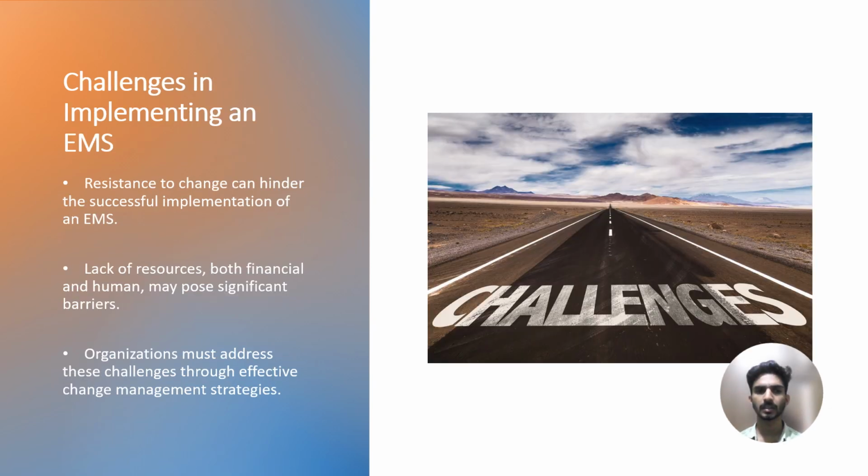So what are the challenges in implementing EMS? Resistance to change hinders successful implementation of EMS. Then lack of resources, both financial and human. Financial as well as human resources are the main resources needed to implement this, and maybe poor planning creates significant barriers, some loopholes.